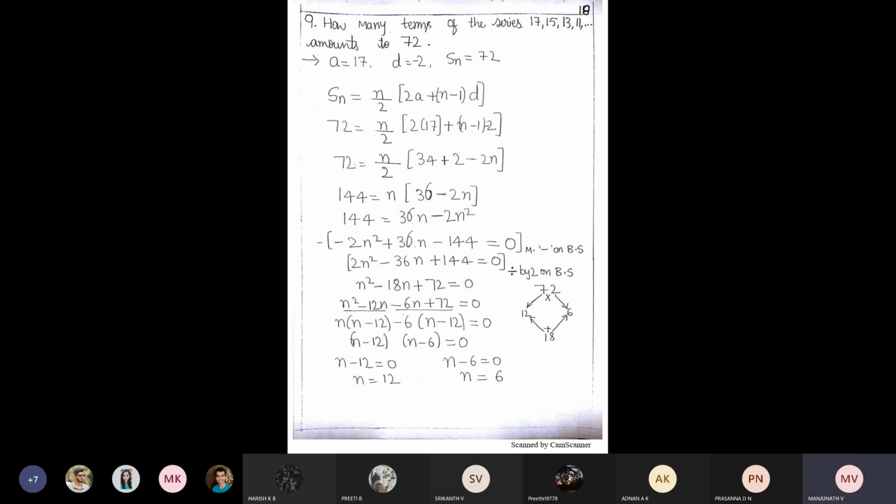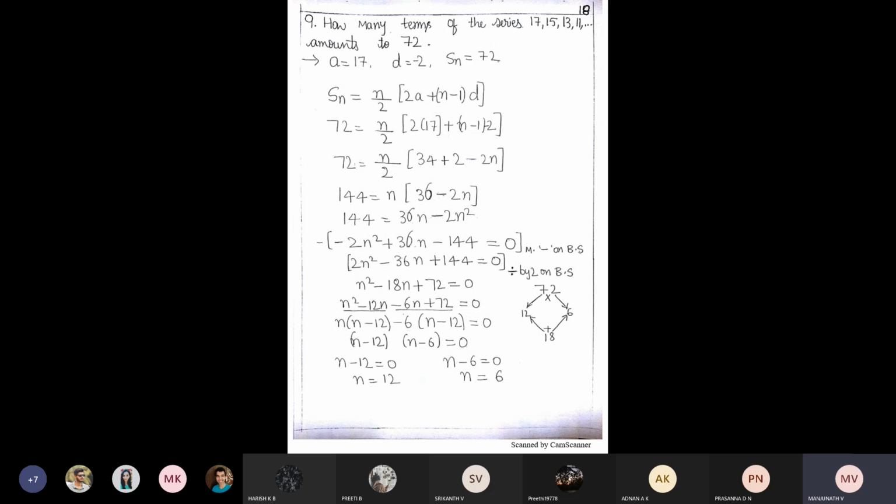This is finding the roots of a quadratic equation of the form ax square plus bx plus c is equal to 0. There are two ways. You probably studied in your PU and SSLC: x is equal to minus b plus or minus root of b square minus 4ac divided by 2a.